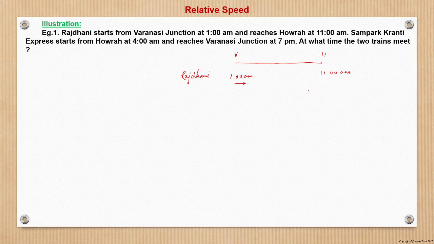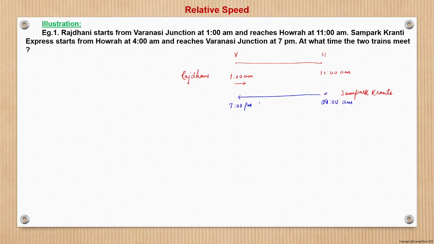Whereas Sampark Kranti Express starts from Howrah at 4 am and reaches Varanasi at 7 p.m. So the question is, at what time do the two trains meet?